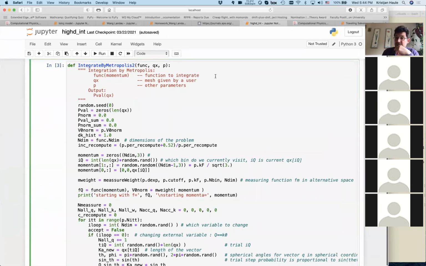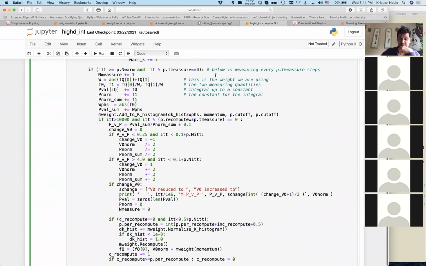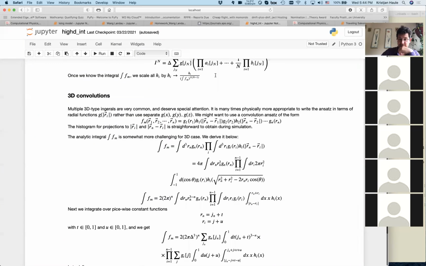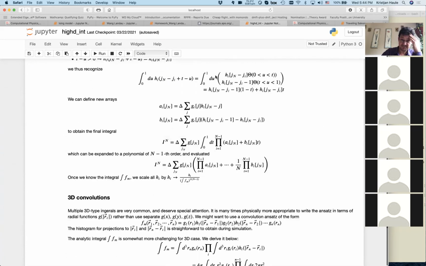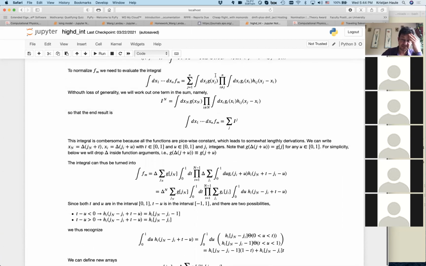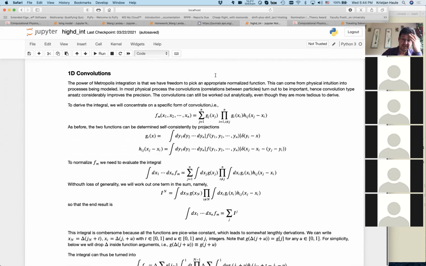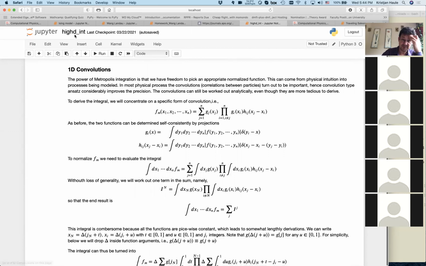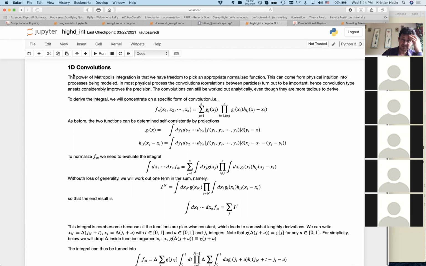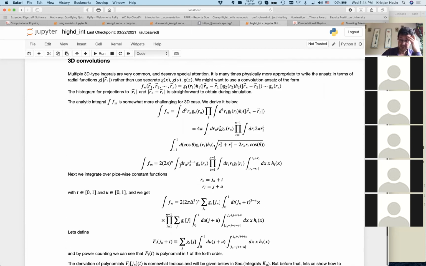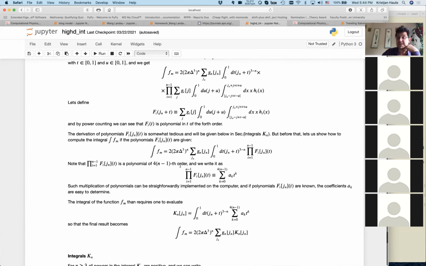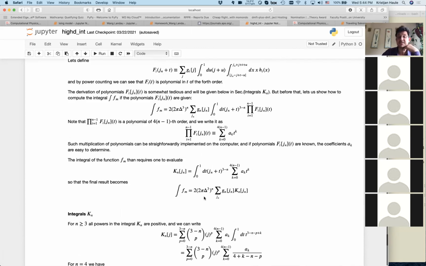Now, I did not intend to actually go through this example. If you have such a problem and you really want to use this, then you should read these notes. I worked out the 1D convolution and the 3D convolution, basically how to construct the functions and how to actually evaluate these integrals.